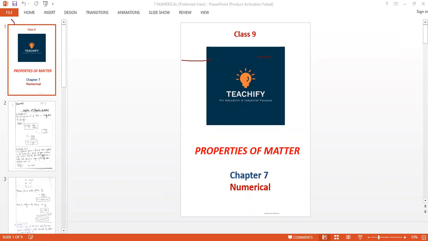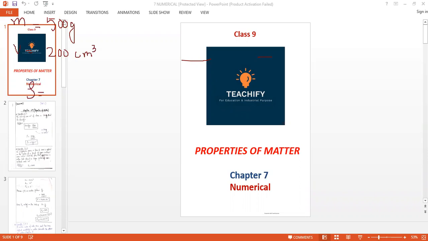As the value of mass is 500 gram, okay, and the volume is 200 centimeter cube. Find the density.